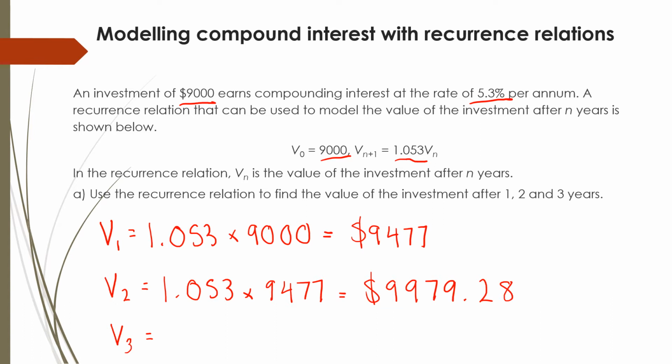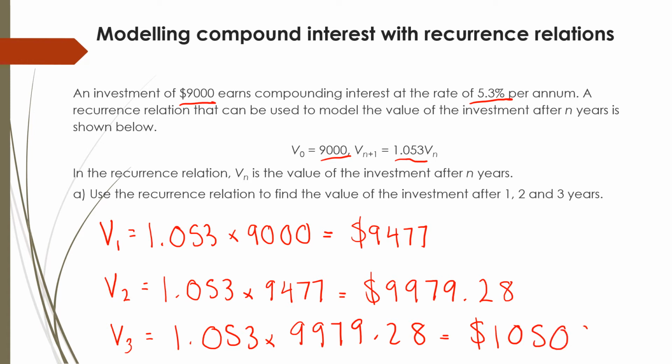That's our V2. V3, same thing, 1.053 times the previous term of 9,979.28 gives us a result of $10,508.18. And that's how we would set that out.